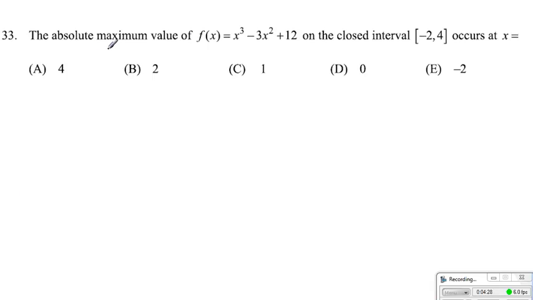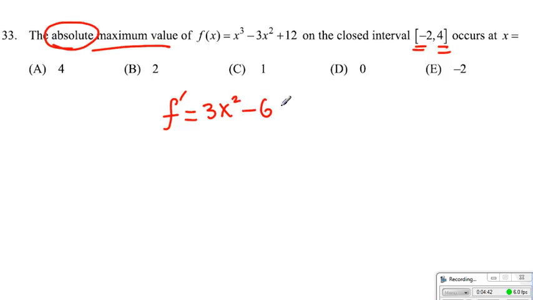Alright, absolute maximum. As soon as you reach the word absolute maximum, then we have to check up on the endpoints, along with other critical points. So here, when we look into f prime, then we end up getting 3x squared minus 6x. So if you set this one equal to 0, we get to realize that 3x is common, so we have x minus 2 is left, equal to 0.